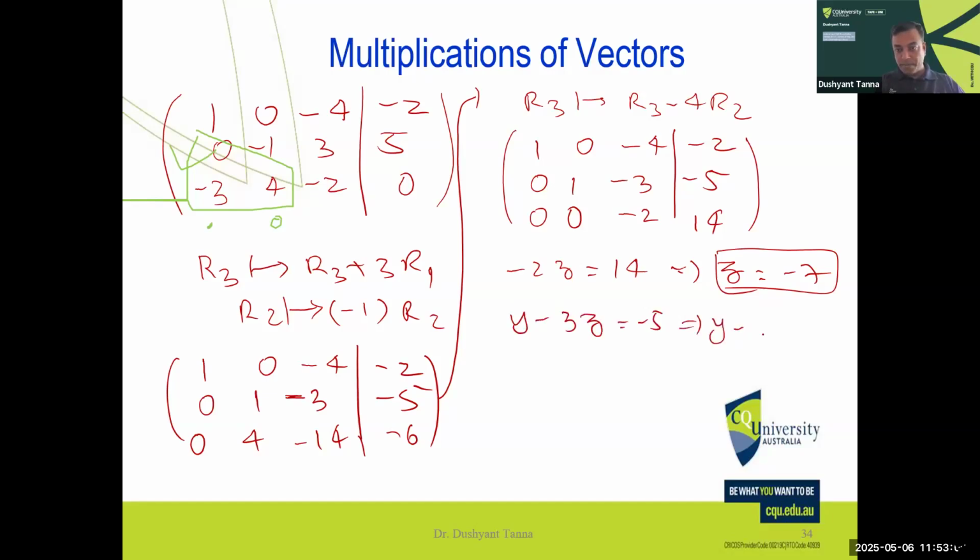Right? Plus minus 5. And y will be minus 26. And third equation, x minus 4z is minus 2. Plug in minus 7, so that's like 28. And that 28 will be positive, goes on the other side because negative. So x is minus 30.